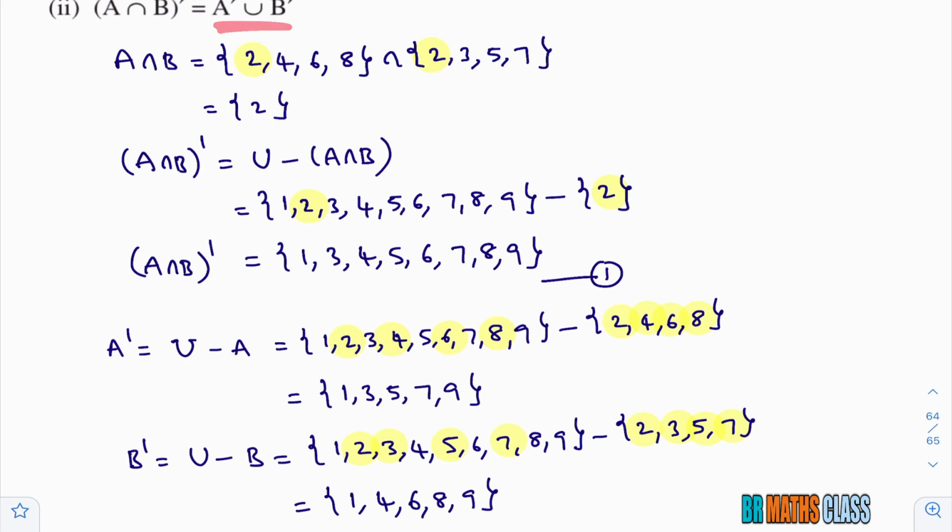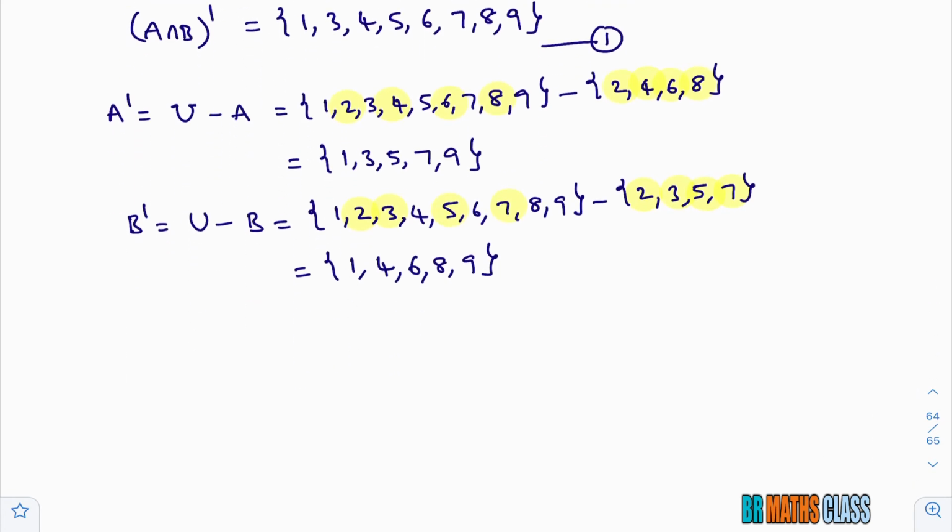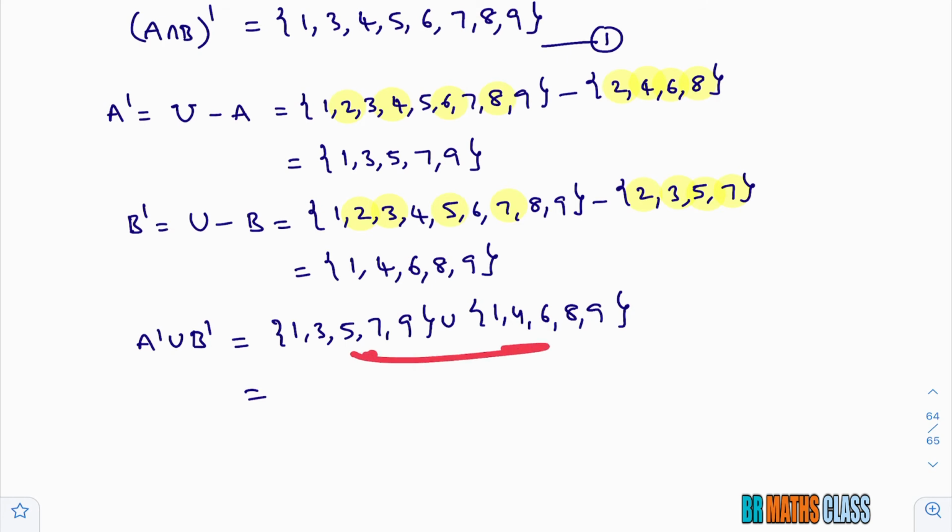What is A dash? 1, 3, 5, 7, 9 union. What is B dash? B dash is 1, 4, 6, 8, 9. Union means, you know how to write the union of two sets. First write the first set fully.